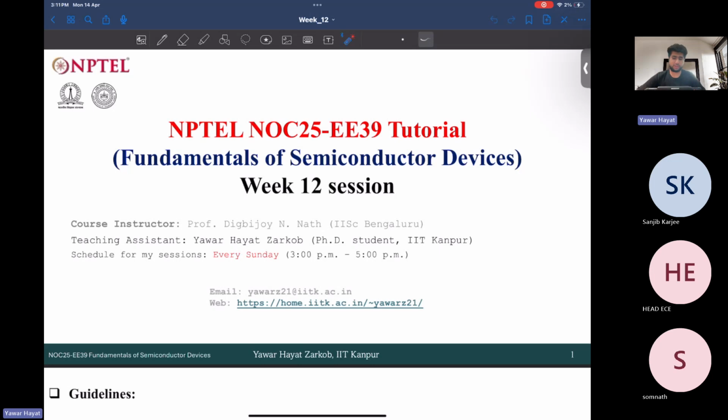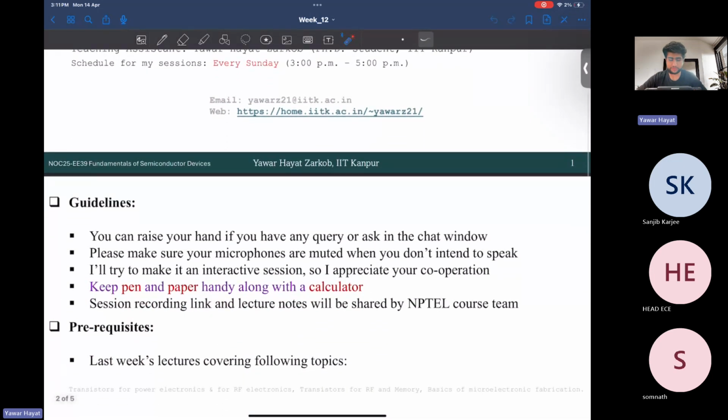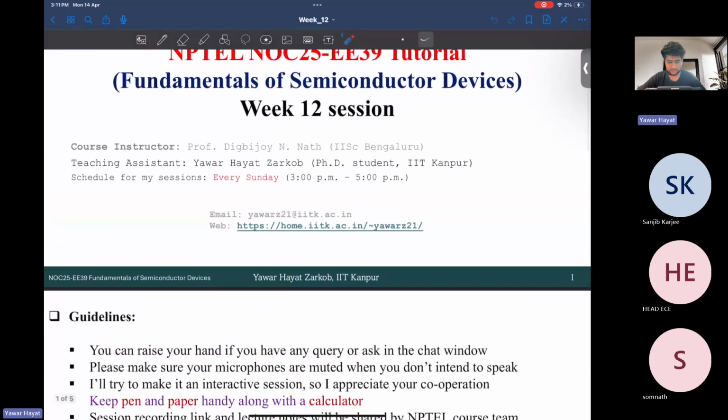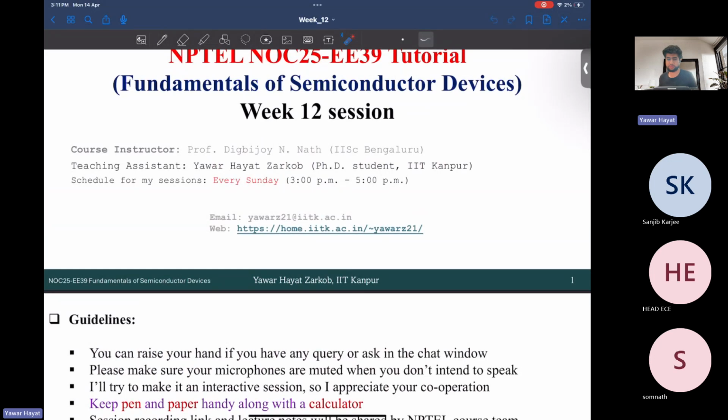So what I'm planning for today's session is a quick, brief discussion regarding the contents of week 12, and then as we decided, we'll be revising week 6 to week 9.